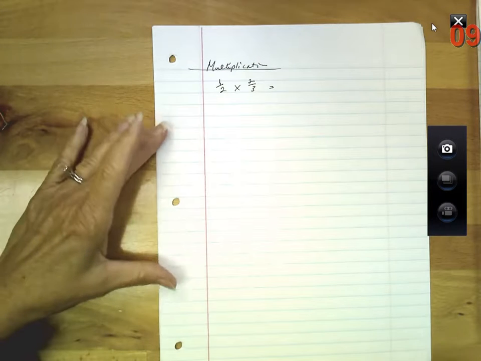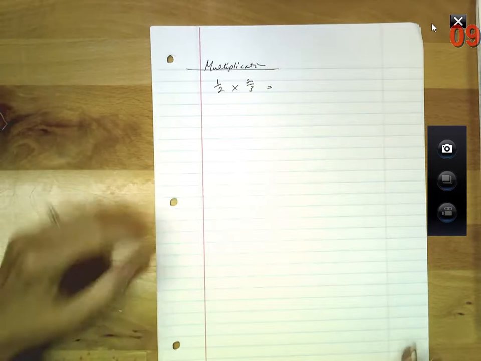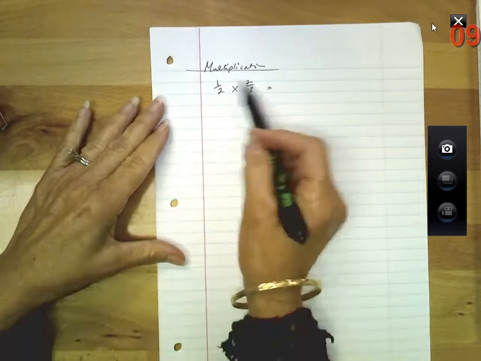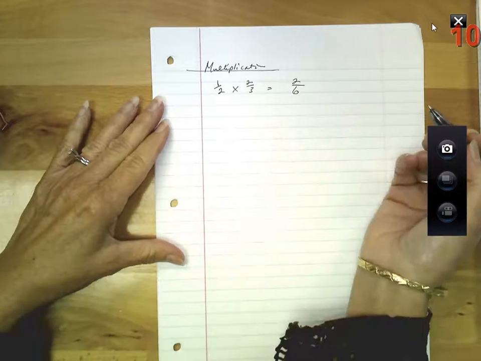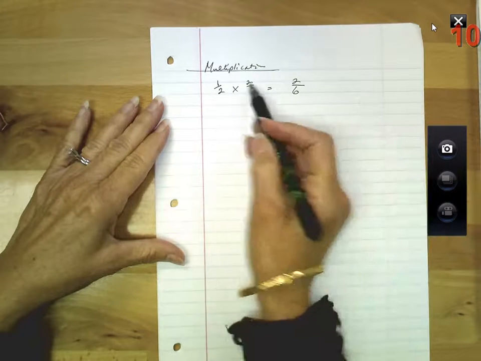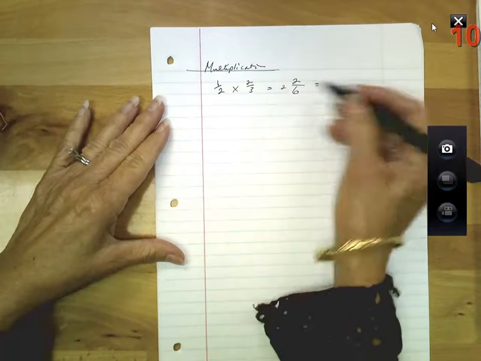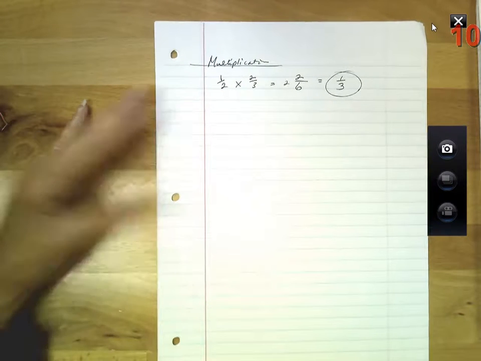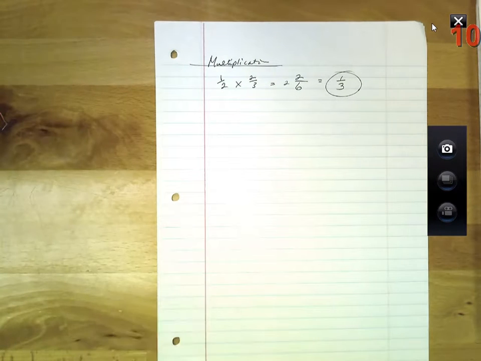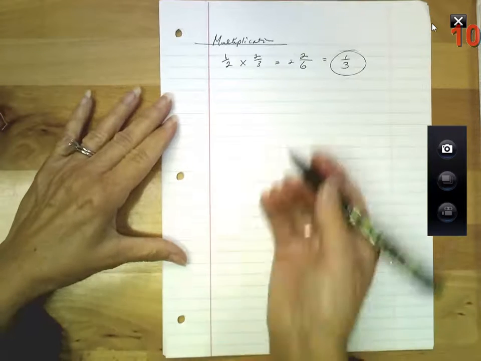Now if we're going to multiply 1/2 times 2/3, all you have to do is multiply your numerators and multiply your denominators. So 1 times 2 is 2, 2 times 3 is 6, and then reduce it. 2 goes into 2 one time, 2 goes into 6 3 times. And there's your answer. That works on any multiplication problem that's just a single number like that.